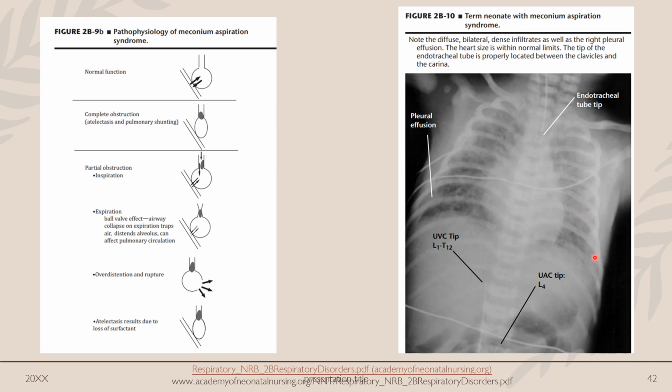So as you can see, the chest X-ray really gives us some good information. Also, the endotracheal tube tip we can see right here. And then that is a low UAC and a low UVC, but that's for another day.